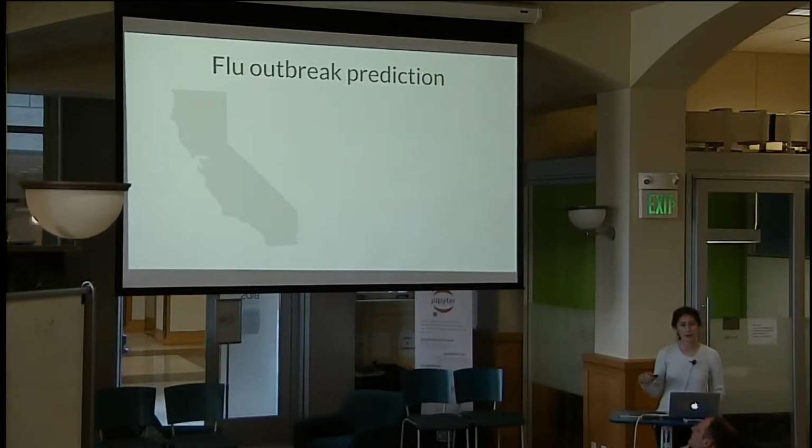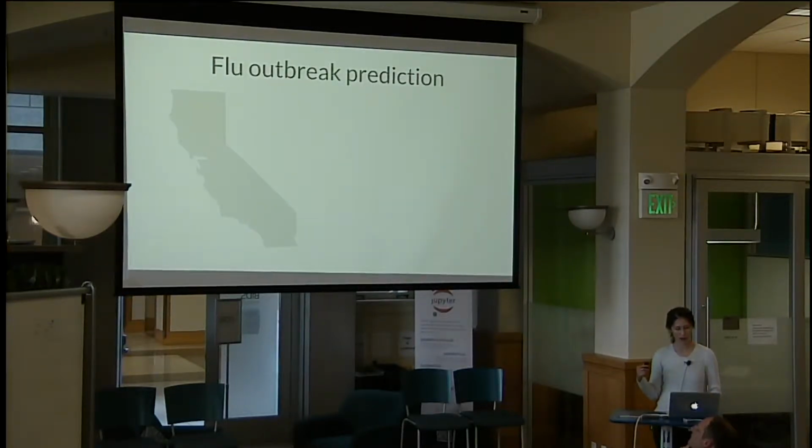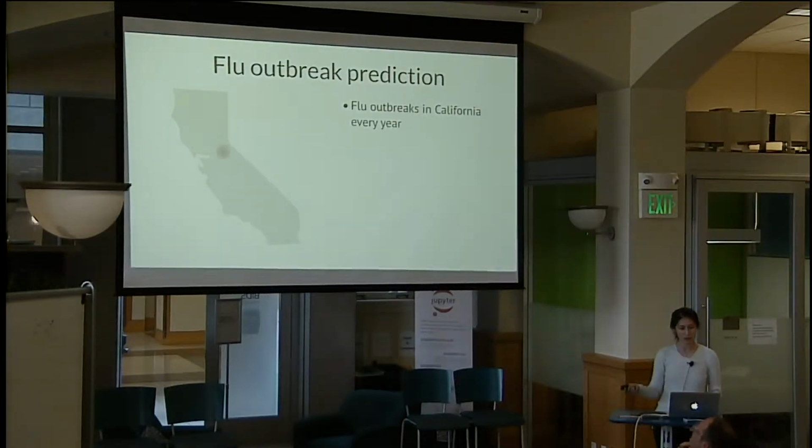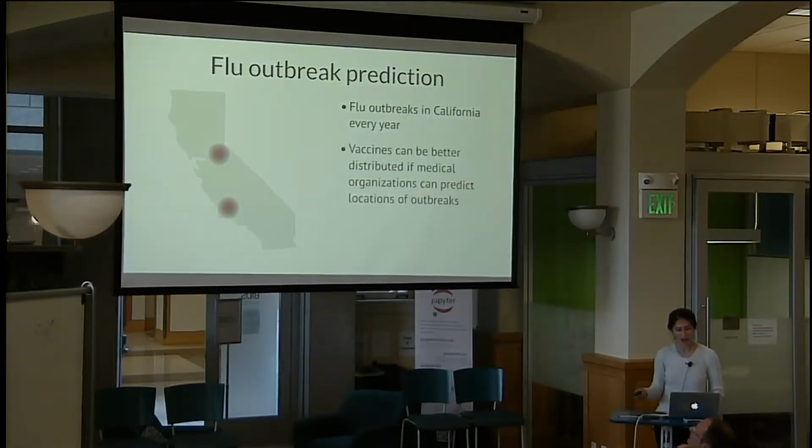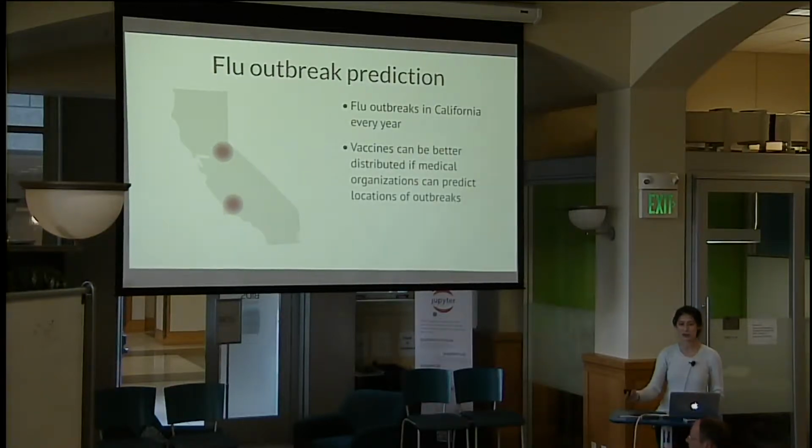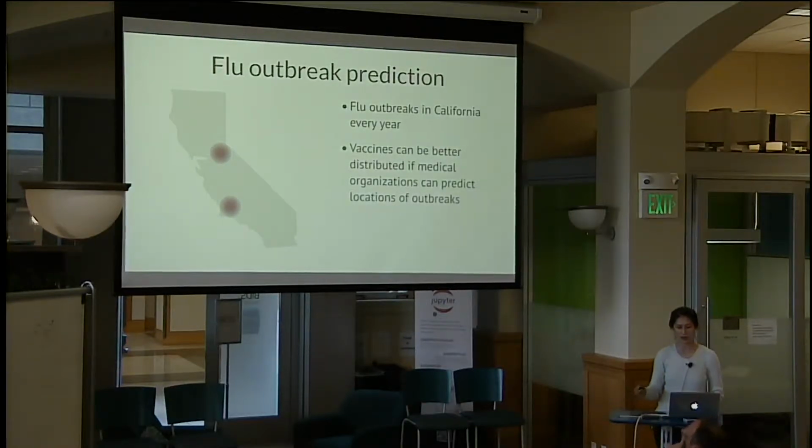Another real use case that we heard about was flu outbreak prediction. You have flu outbreaks in California every year. And this medical organization that we talked to wants to distribute vaccines better by predicting the locations of outbreaks before they happen.